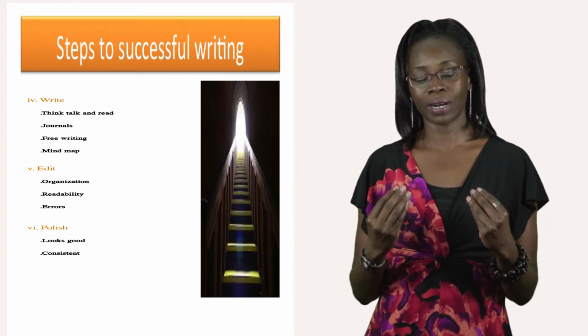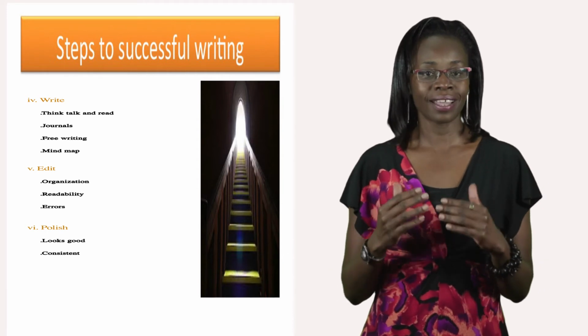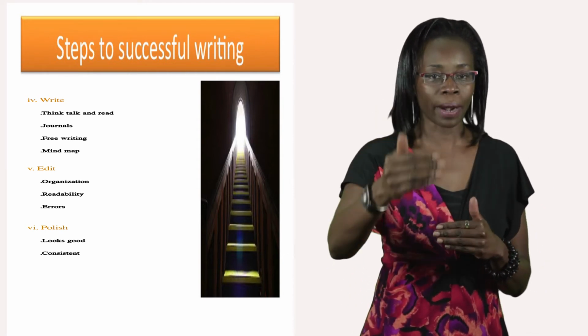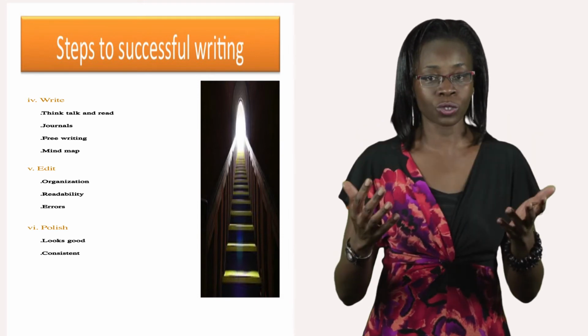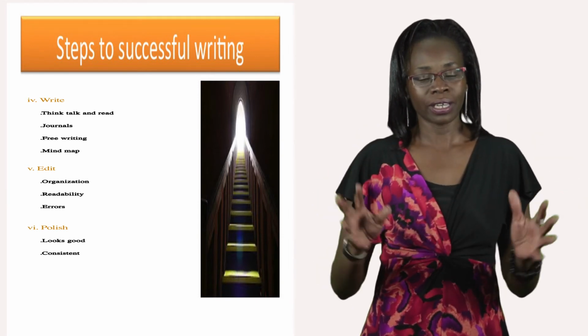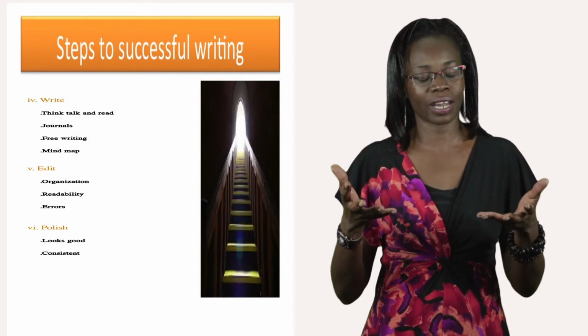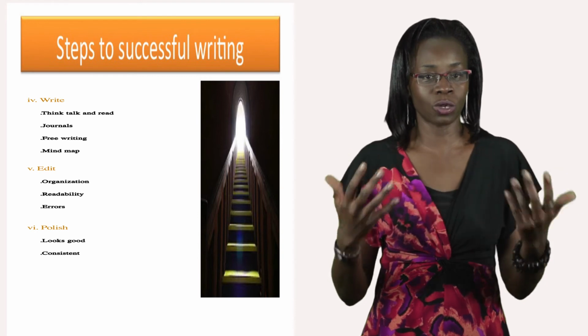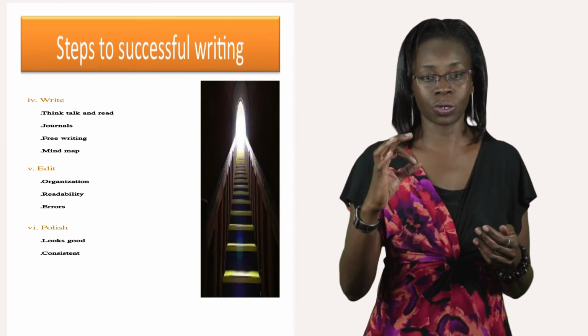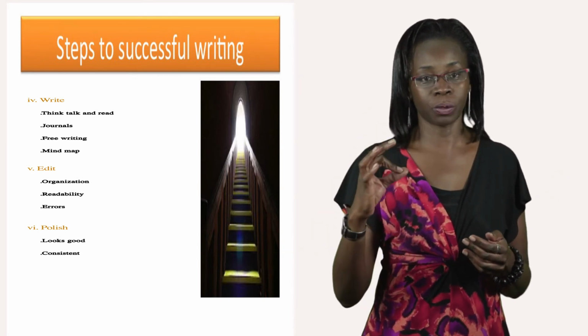What do I mean when I say the document can breathe? There is space between one paragraph and another. It pleases your eyes also if it looks good. You just look at the document and you're like, wow, it invites you to read because of the way it looks. The font is good, the font is legible.